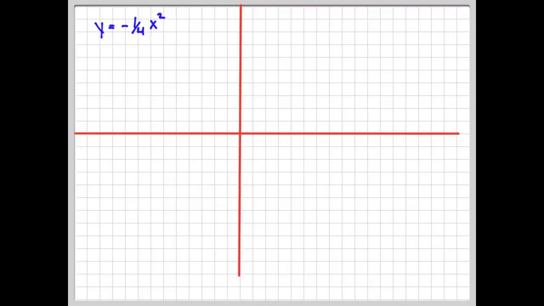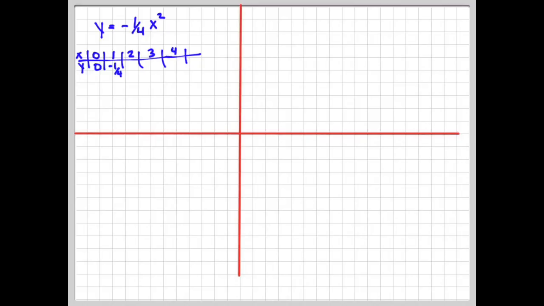Now, our vertex is still 0, 0 because when I plug 0 in for x, I get 0 out for y. When I plug 1 in for x, what do I get out for y? Negative 1/4. And so if I plugged in negative 1, I'd get negative 1/4.